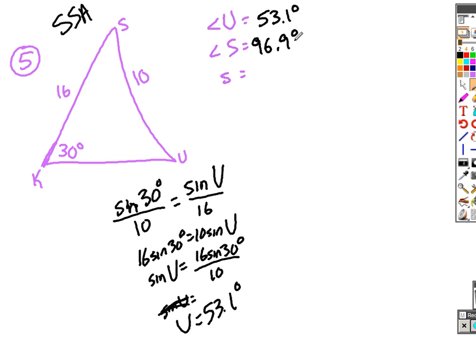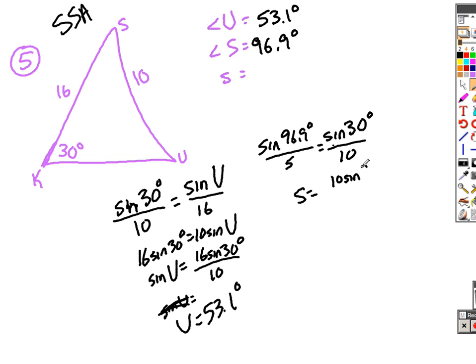And then to find side S, I'll do sine of 96.9 over little s equals, from the original, sine of 30 degrees over 10. So S will equal 10 sine of 96.9 over sine of 30, which will equal in the end a side length of 19.9.